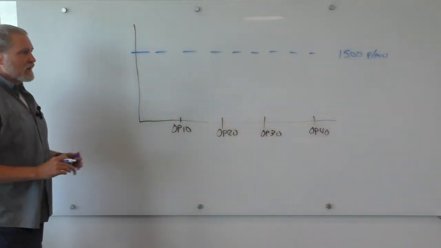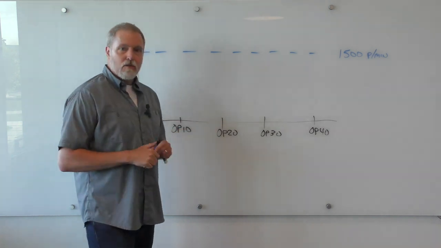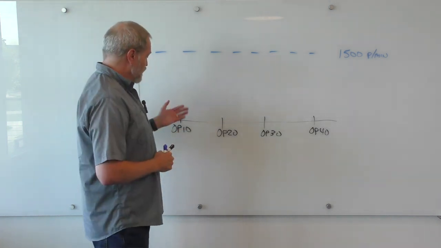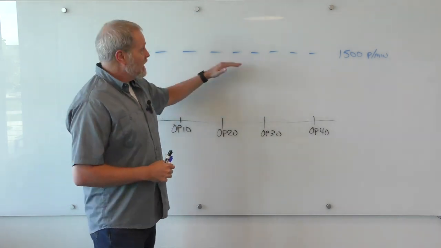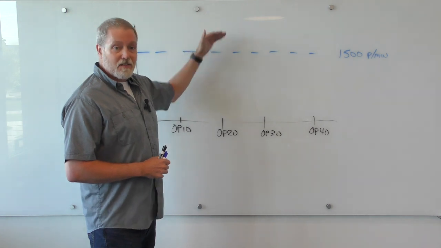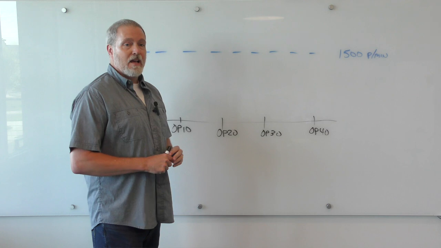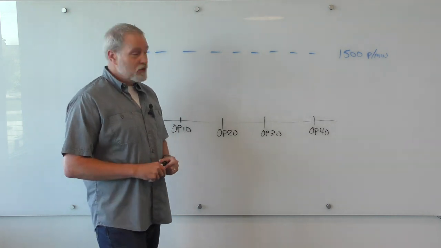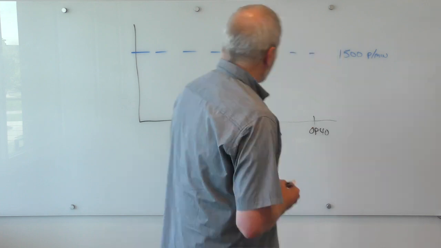So as a manufacturing engineer, I'm looking at this and saying, okay, what machines am I going to procure or deploy at each of these operations in order to reach that goal? And I need to have some excess capacity there to account for downtime or changeover or tool changes, etc. So let's add a scale here on the side.